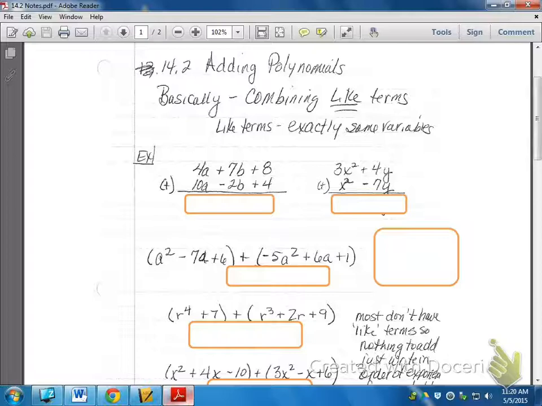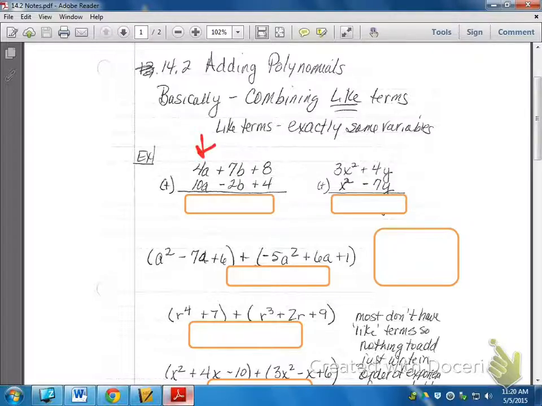The first way is just like the first two examples, that is a vertical addition. And I like the vertical addition better because they go ahead and line up the like terms for you. So it makes it a little bit easier. So as we're solving these, you're adding or combining down the column.